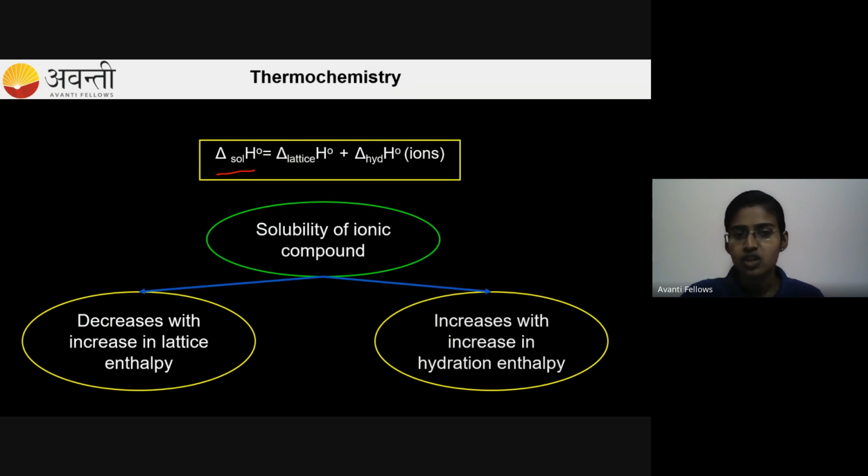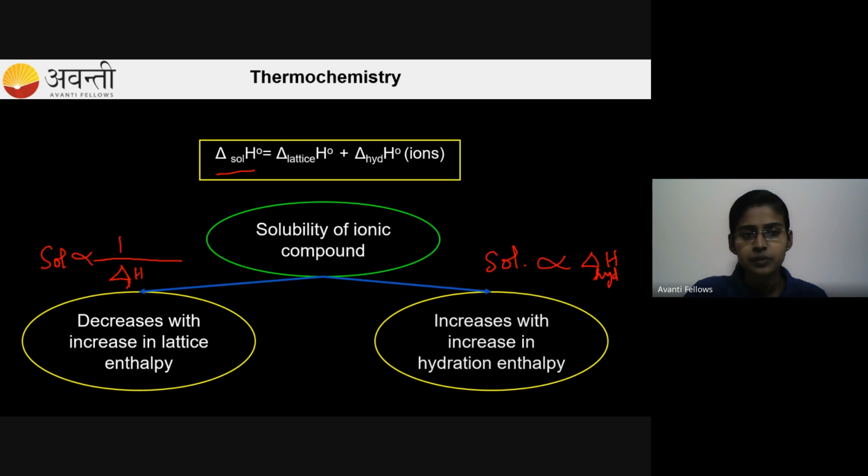The solubility of an ionic compound decreases with increase in lattice enthalpy and increases with increase in hydration energy. So solubility is directly proportional to hydration enthalpy and inversely proportional to lattice enthalpy.